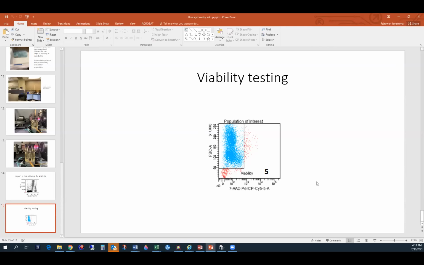But when there are necrotic debris, or if the nuclear elements are out of the cells, if the cells are disintegrating, then 7-AAD can go and bind to that cell. So the cells that are binding to 7-AAD will be in the positive area, and they only choose the cells that are negative for 7-AAD, and that is what is considered viable.